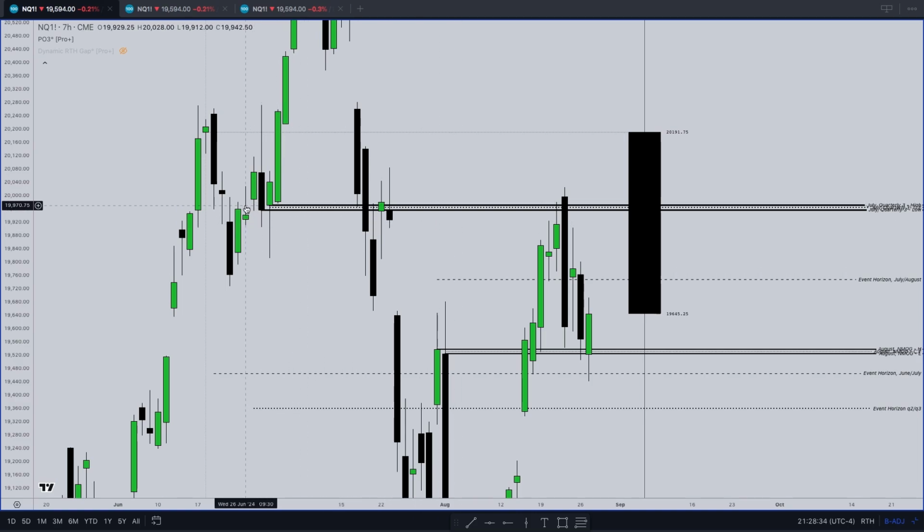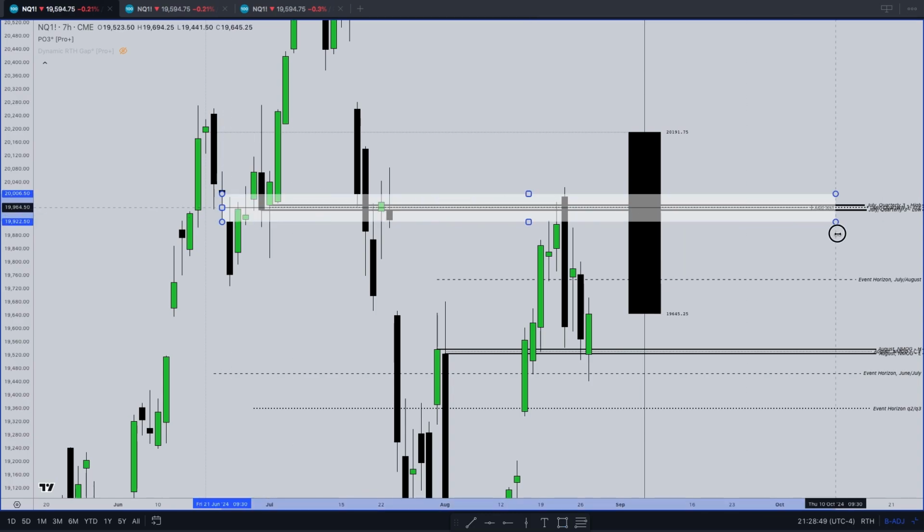And we had also from here, it was here Friday. This is Friday, June 21 and 24. This is a new week opening gap, and we have here a cluster of gaps.